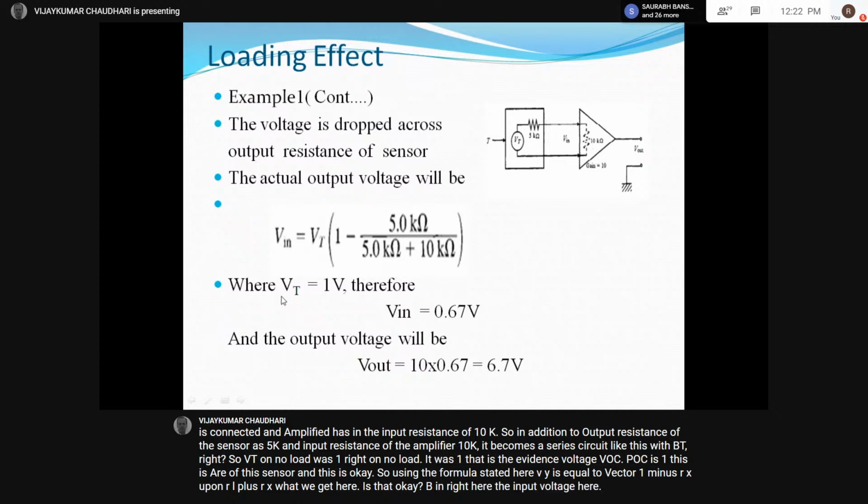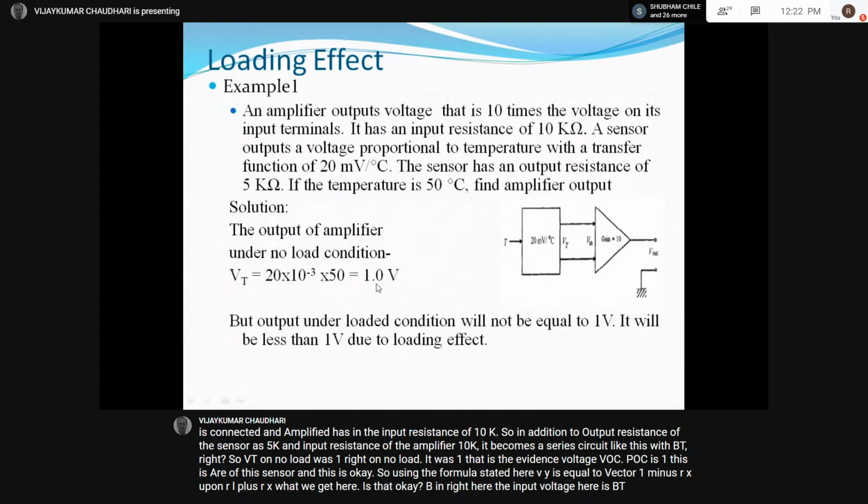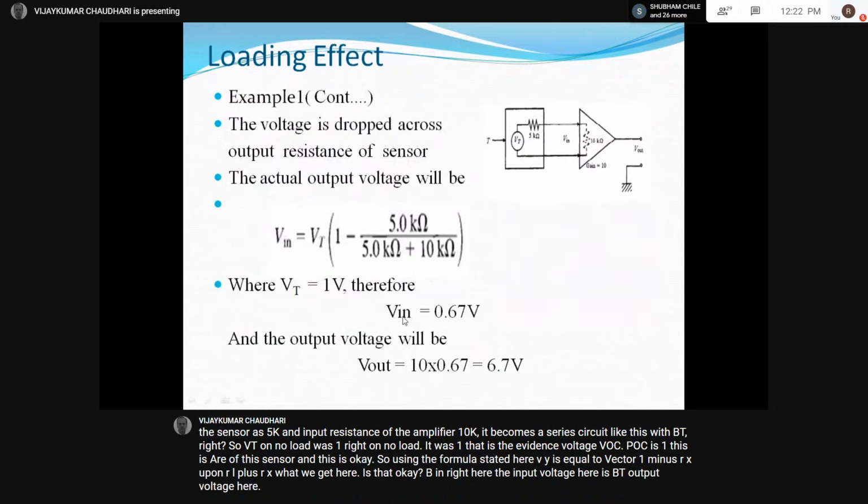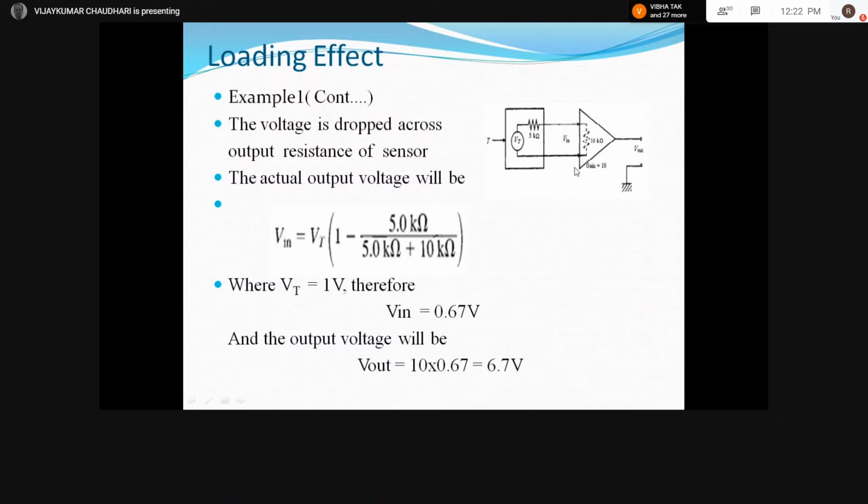And open circuit voltage Vt we have already found out in the last step as 1 volt. So keeping Vt equal to 1 volt, we get the input voltage to the amplifier to be 0.67. Are you getting me? So this is the input voltage.